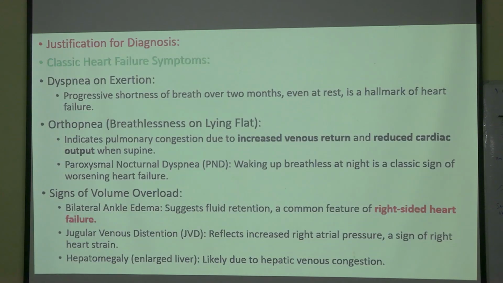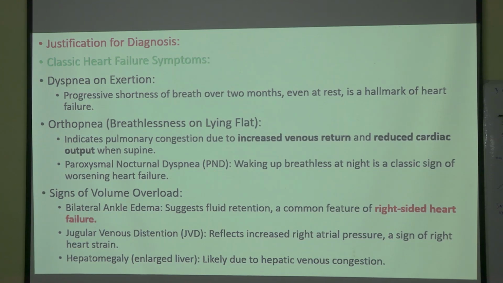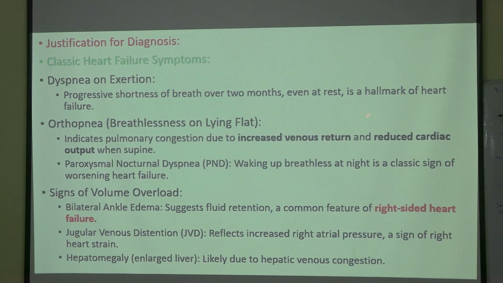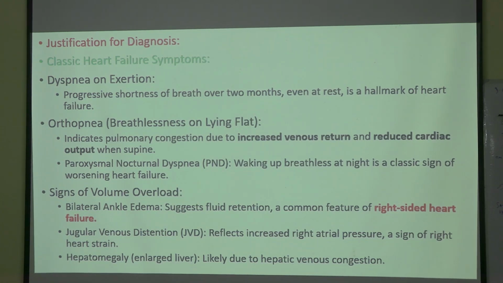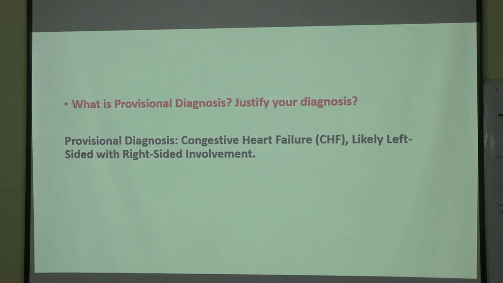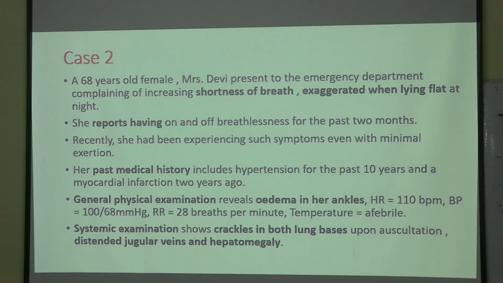So in the classical symptoms I mentioned dyspnea on exertion, it is the progressive shortness of breath over 2 months, even at rest. And this symptom is a hallmark of heart failure, right? Which is given in the case.